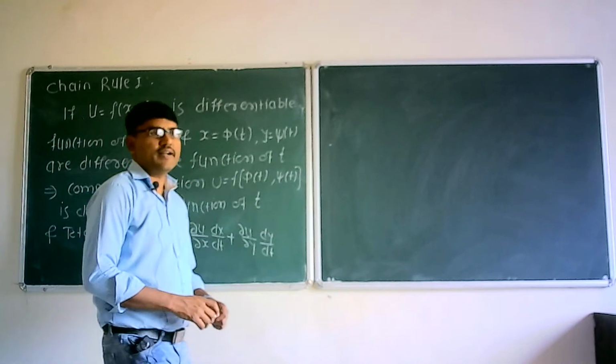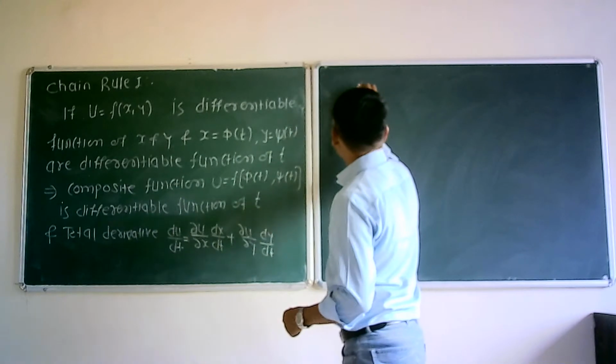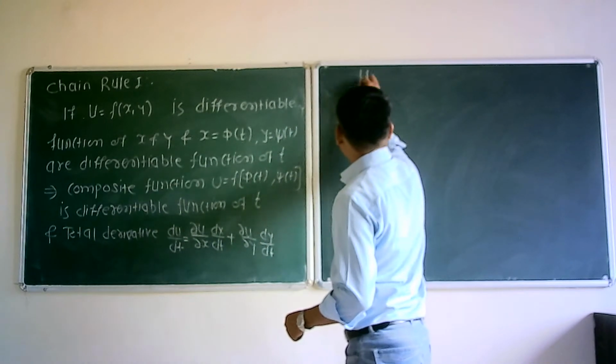So what is given and what is our claim? You can observe here that u is a function of x and y.